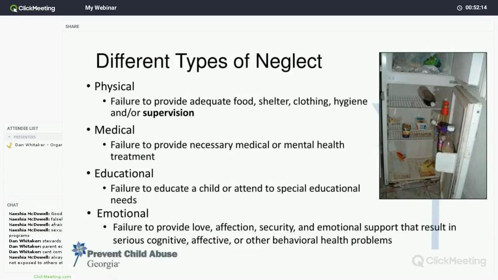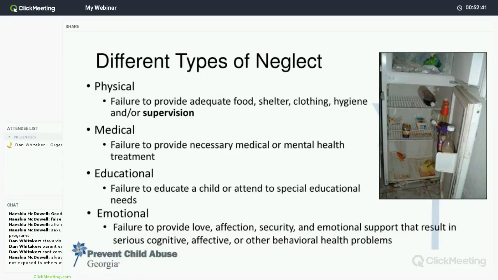Does this mean that if we see a child in severe need of medical attention that we shouldn't tell someone or call someone? We absolutely should. But it probably just means that the case won't be substantiated, even though the parents will probably receive support, resources, and the child will be given more medical attention. So just because it's not going to be exactly classified under physical abuse or medical abuse doesn't mean that intervention isn't needed.